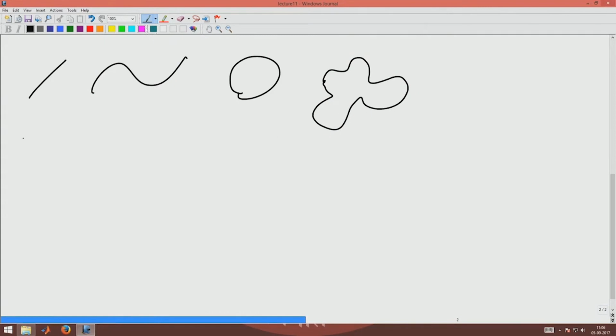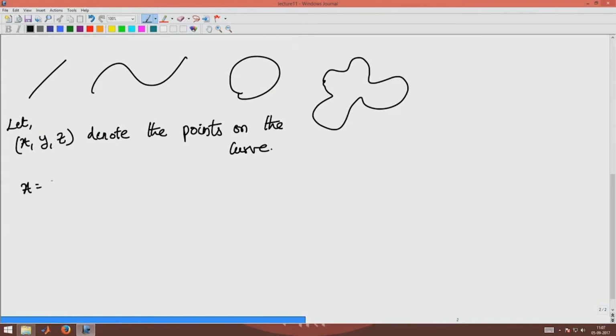Now, if x, y, z denote the points on the curve, then x would be written as some function of some variable psi, y would be another function of psi, and z would be some other function of psi.